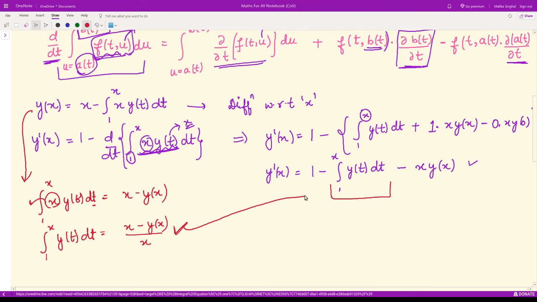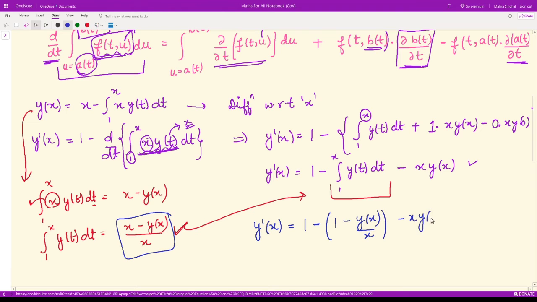So we'll obtain this value. So let's substitute this value over here. So let's see, what do we obtain? We have y dash x, that would be equal to 1 minus of this term, right? And what is that? It is 1 minus y of x by x, this thing, minus x y of x.